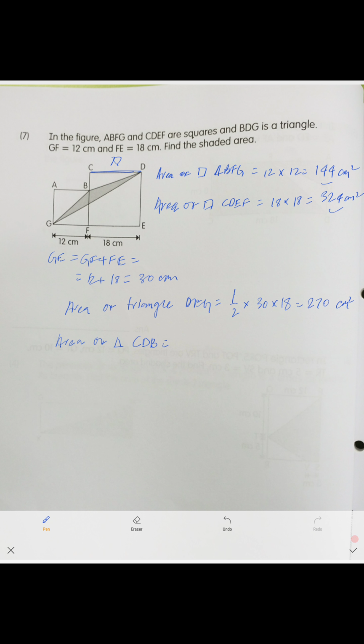CB is basically the side of the bigger square, CF, minus BF. Our CF is 18, so we can write down that CB is equal to 18 minus 12, which is 6 centimeters.